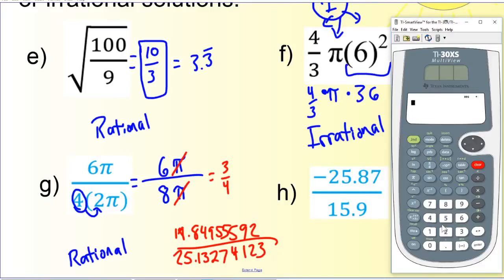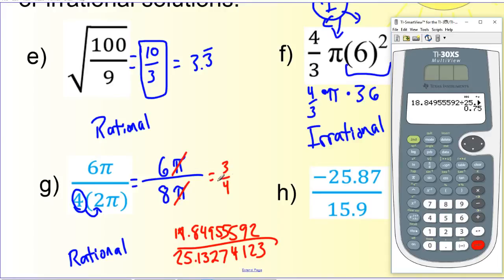And now I bet if we divide this, 18.84955592 divide 25.13274123 equals 0.75. So this, by the way, 3/4 is 0.75.